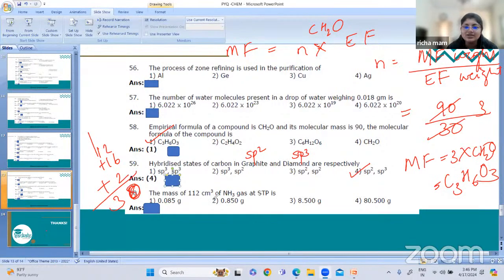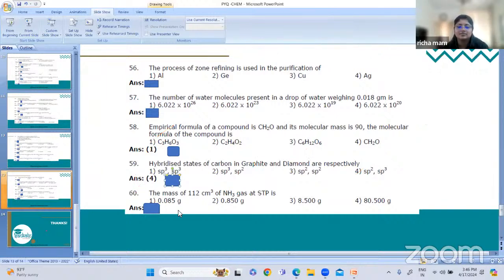Very good. So the mass of 112 centimeter cube of NH3 gas at STP is. Yes, calculate. How will you calculate? We have to calculate the number of moles. Number of moles is equal to given volume 112 upon the standard molar volume 22.4.